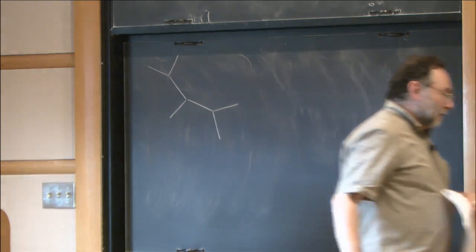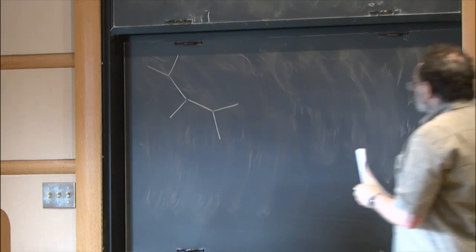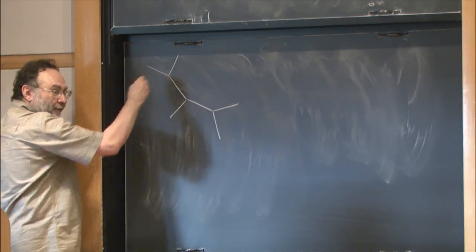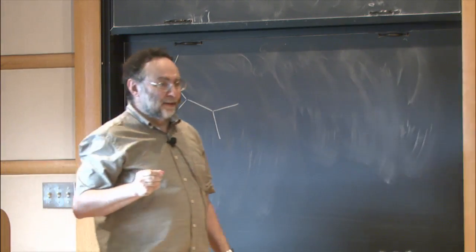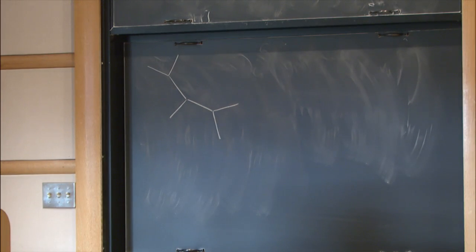So now let me define the orientation of this tree. You pick your favorite edge, this one, and so on. So we have a set of all edges. An orientation of a set is a choice of order of the set, modulo even permutation.